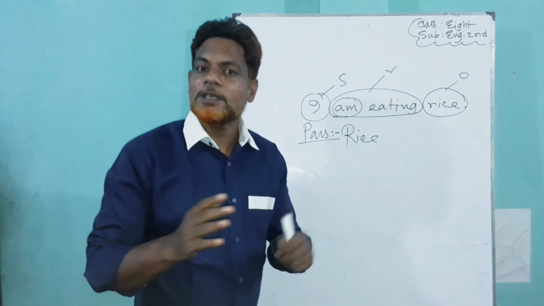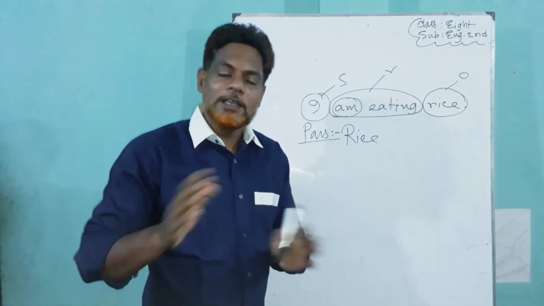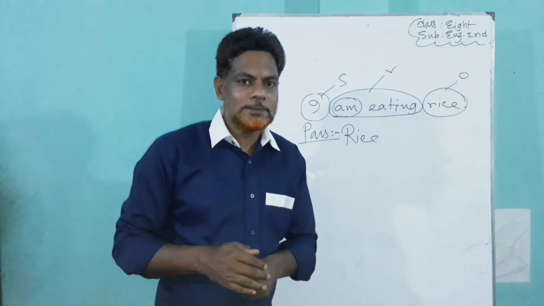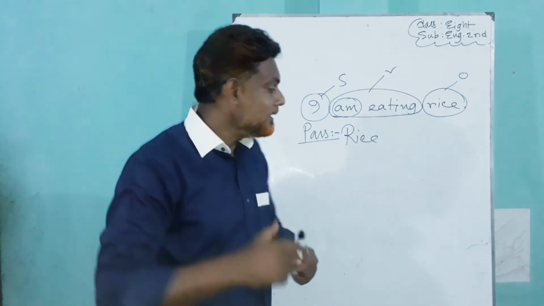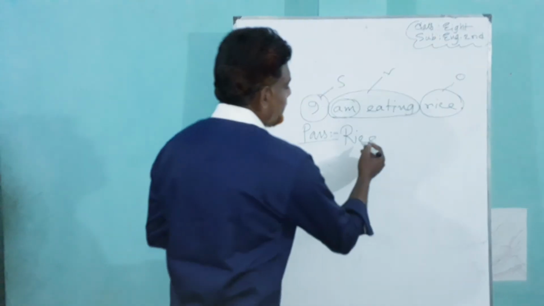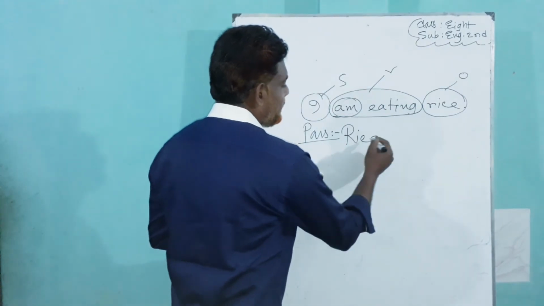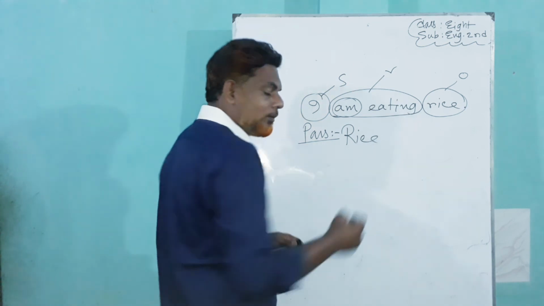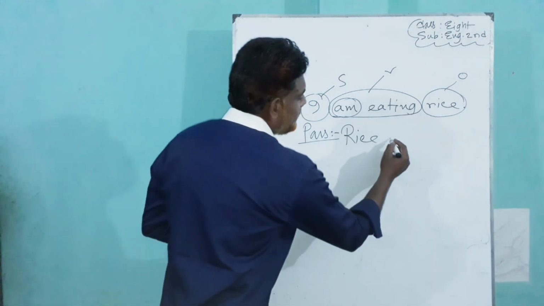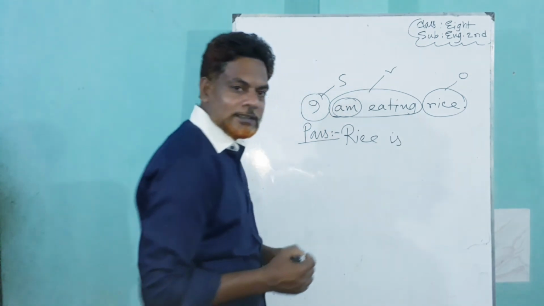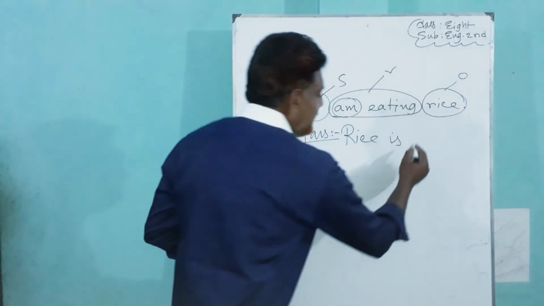We know am is be verb, and we know if there is be verb in the active voice, you have to write be verb plus being. So we will write be verb after rice. Am. Will you write am here? No. According to the subject verb agreement, you have to write is after rice. Then you have to write being.